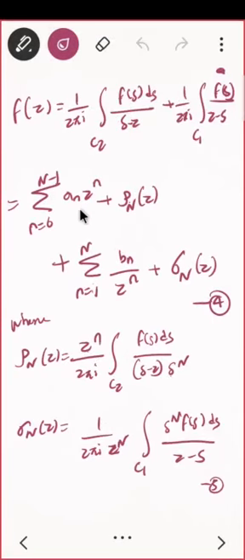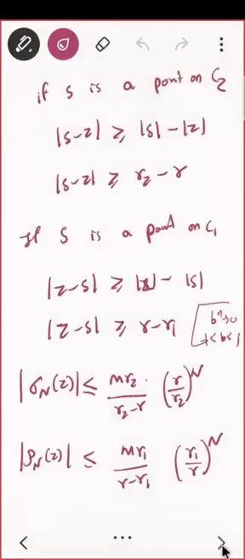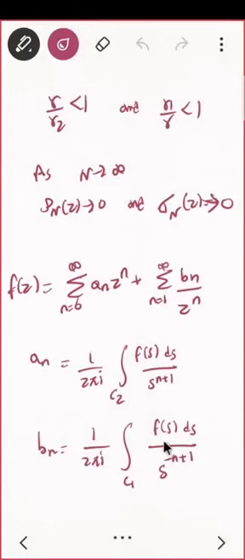About the coefficients an and bn, where did I write it? Yes, here. So say this is equation number 5. Yeah, the contour used in integral phi may be replaced by contour C. So if this is done, this completes the proof.